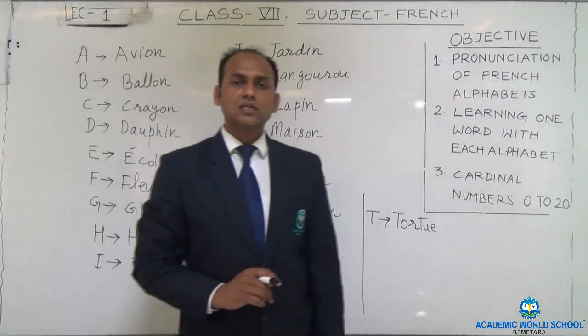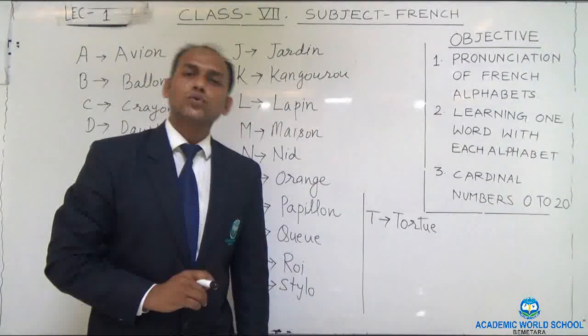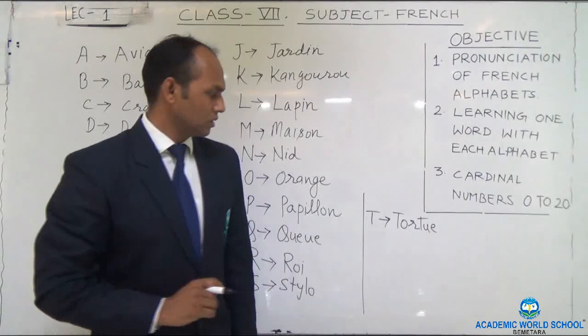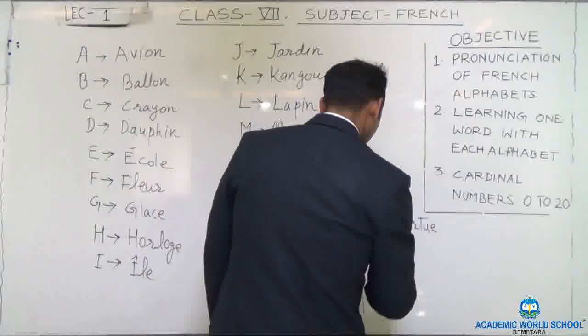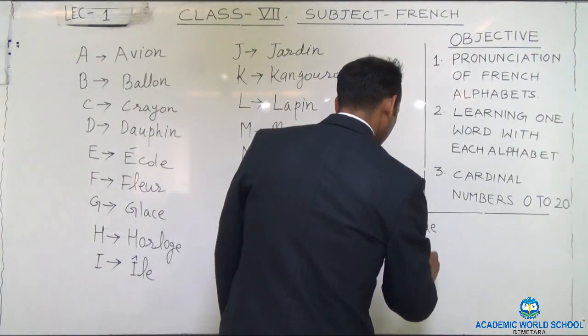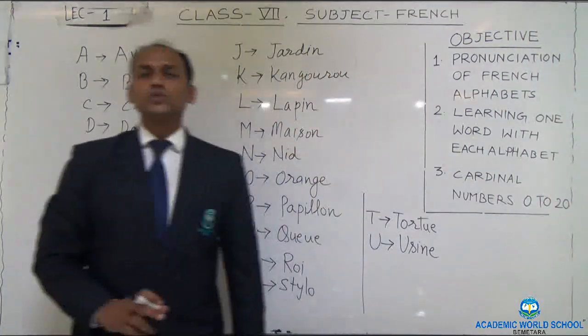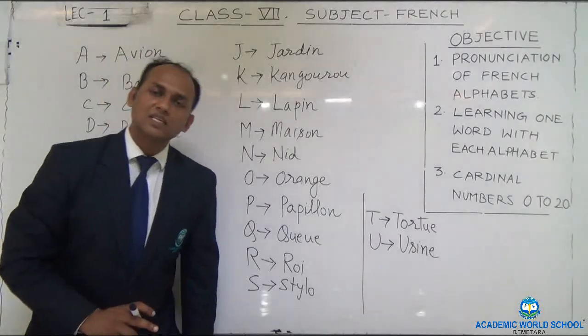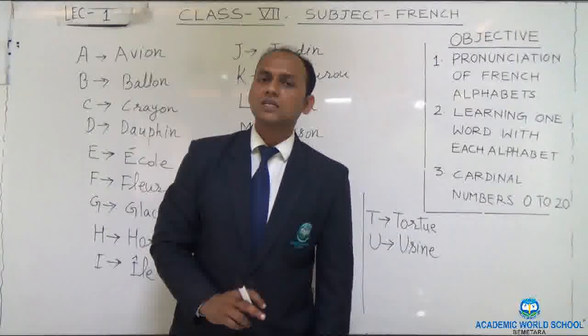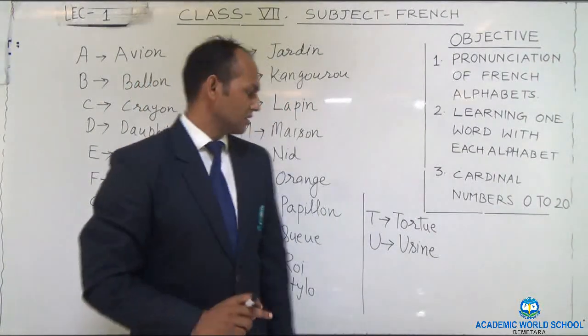Tortue means tortoise. U: Usine. Usine means factory.